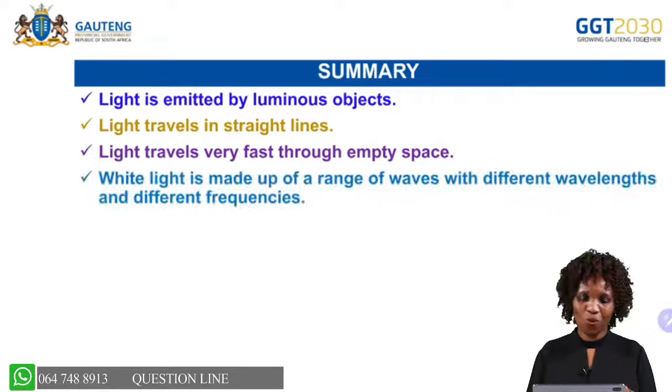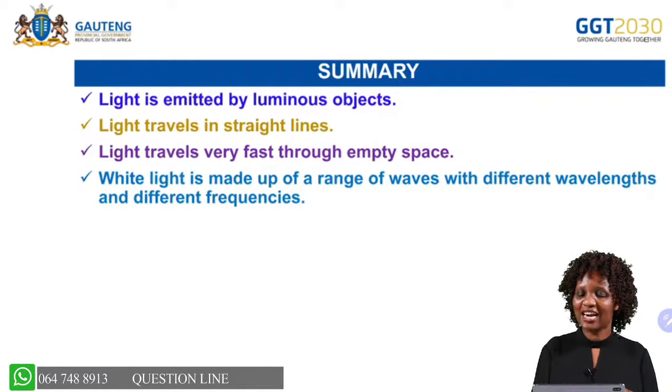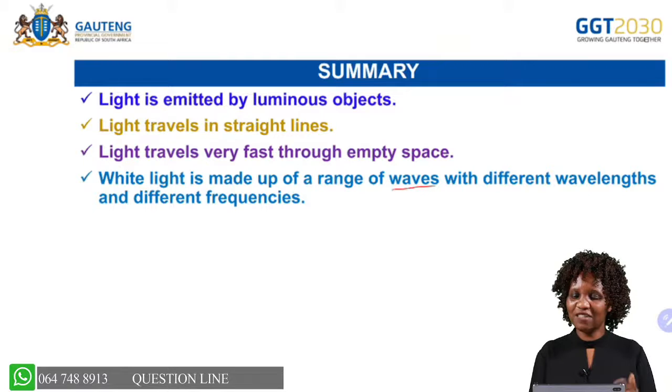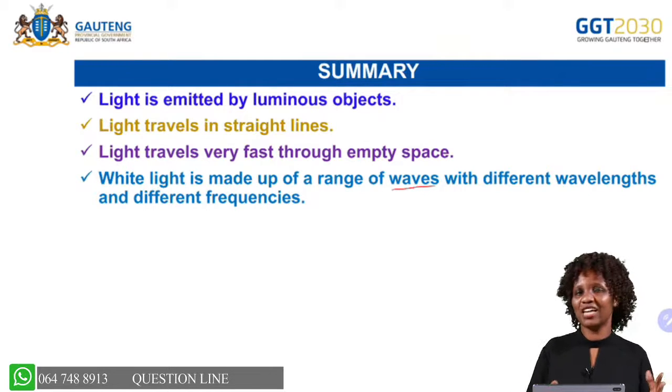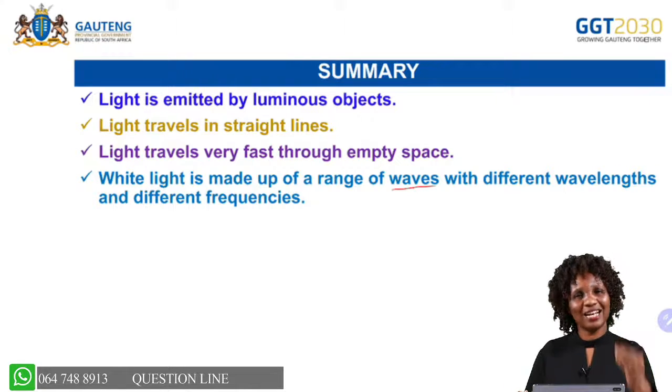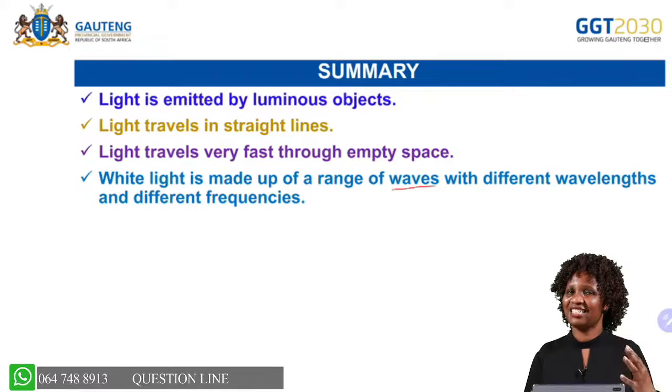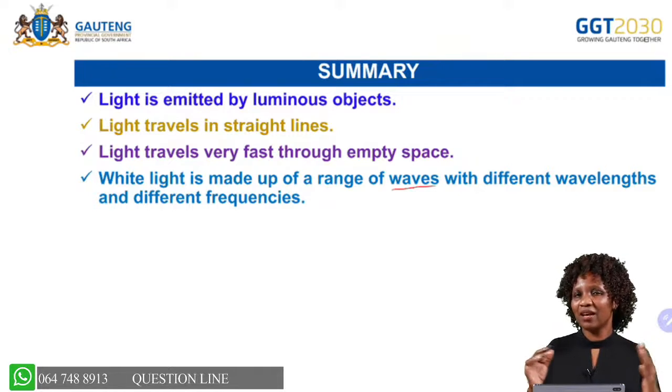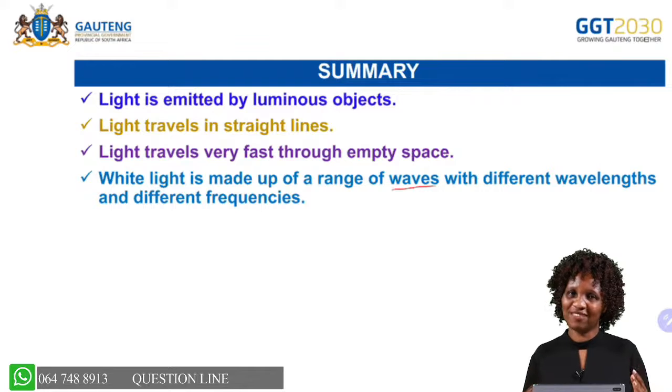And then white light is made up of a range of waves with different wavelengths and different frequencies. What are we meaning if we are saying different wavelengths? Remember, there are some colors like red. They've got a longer wavelength. All right.